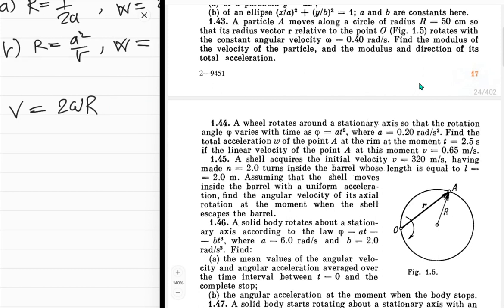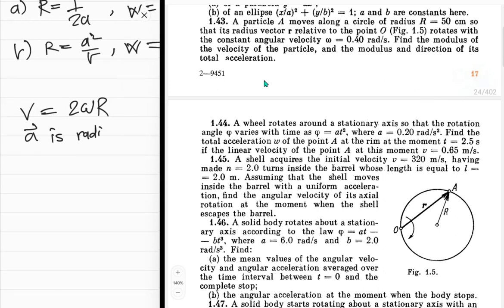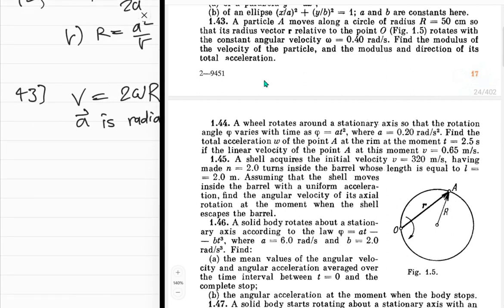Okay, and find the modulus of velocity and the direction of its total acceleration. So it's v squared upon r in that direction, and there's no tangential acceleration, just moving at a constant speed. So acceleration is radial. They just want a direction, they don't want the magnitude.